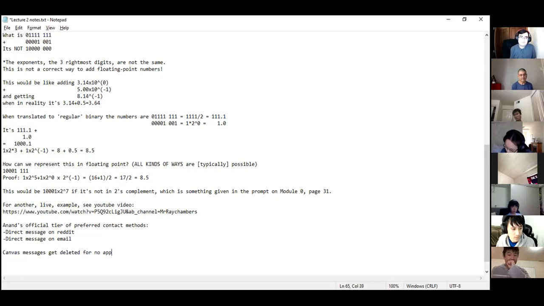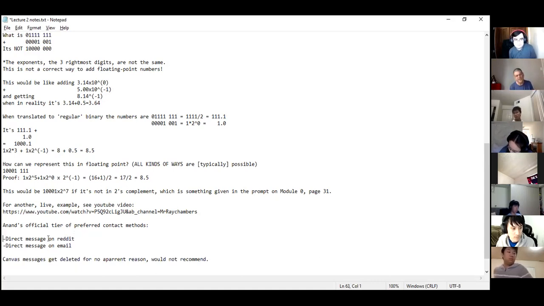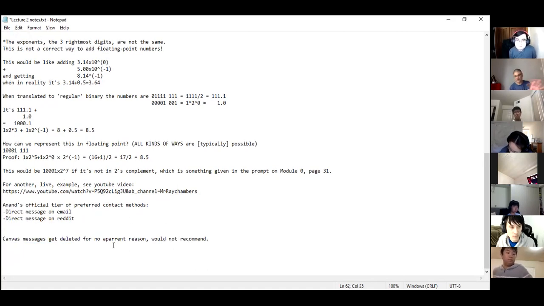So if you want something to remain for posterity, or at least in my inbox, use Reddit or email. Confidential stuff is great. Canvas messaging is fine because at the end of the quarter, those messages will disappear, and I don't care. It won't clutter up our inbox.